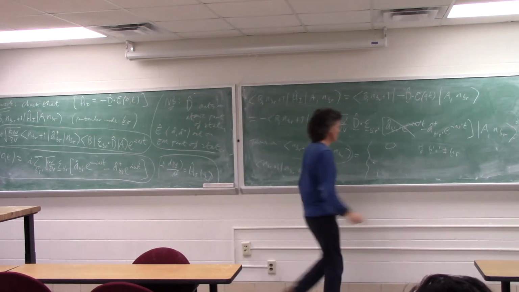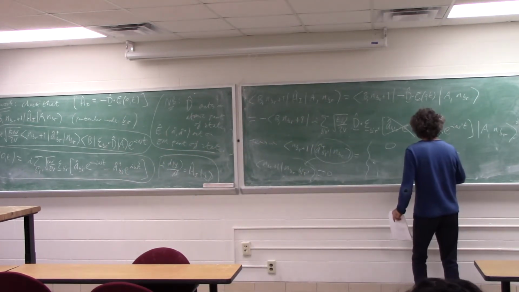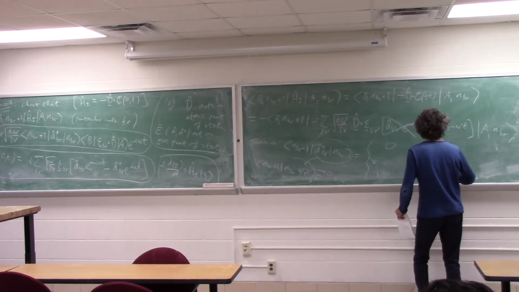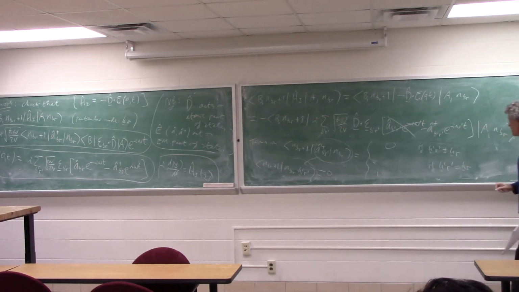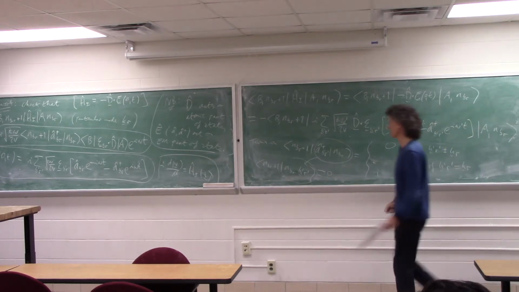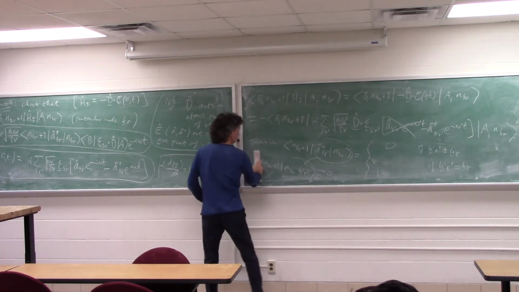No, not everything is 0. If instead, here's where finally something happens, k' r' is equal to kr, then what do we have?